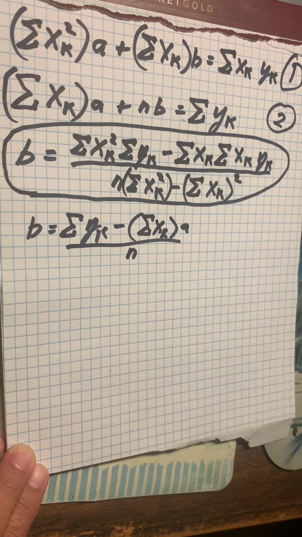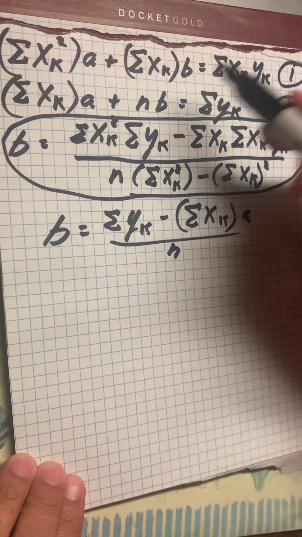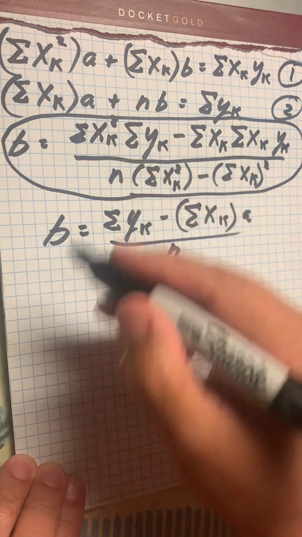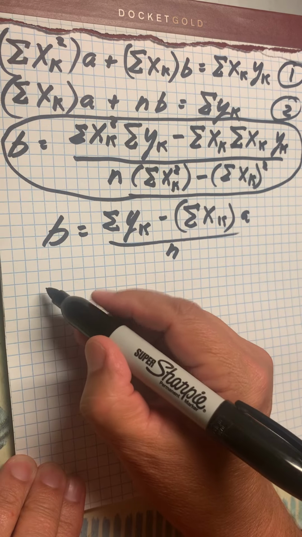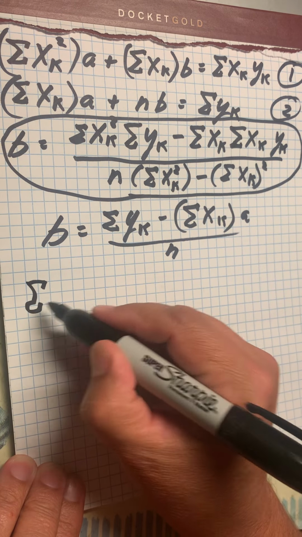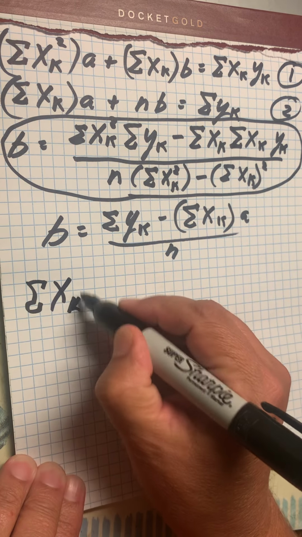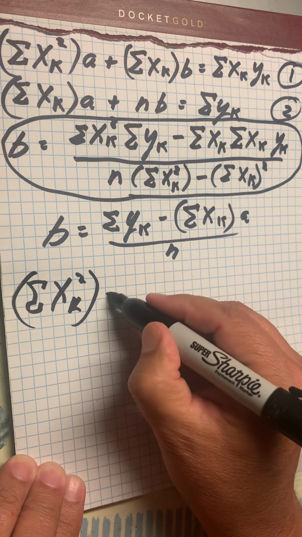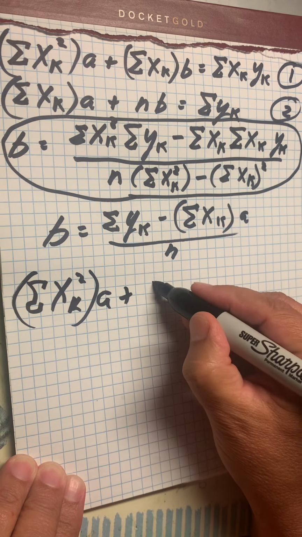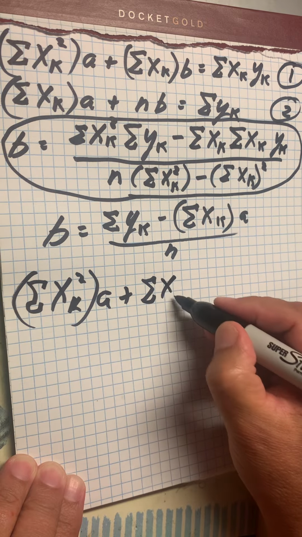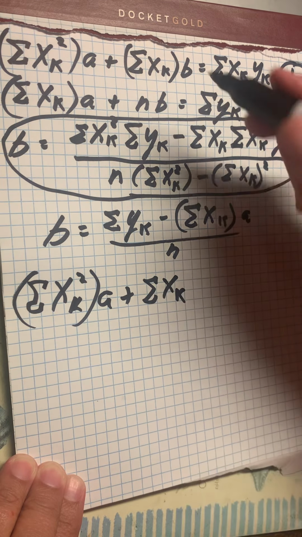Now we're going to plug b into the first equation. So we'll go ahead and write equation 1 as the summation of xk squared a plus the summation of xk times b.